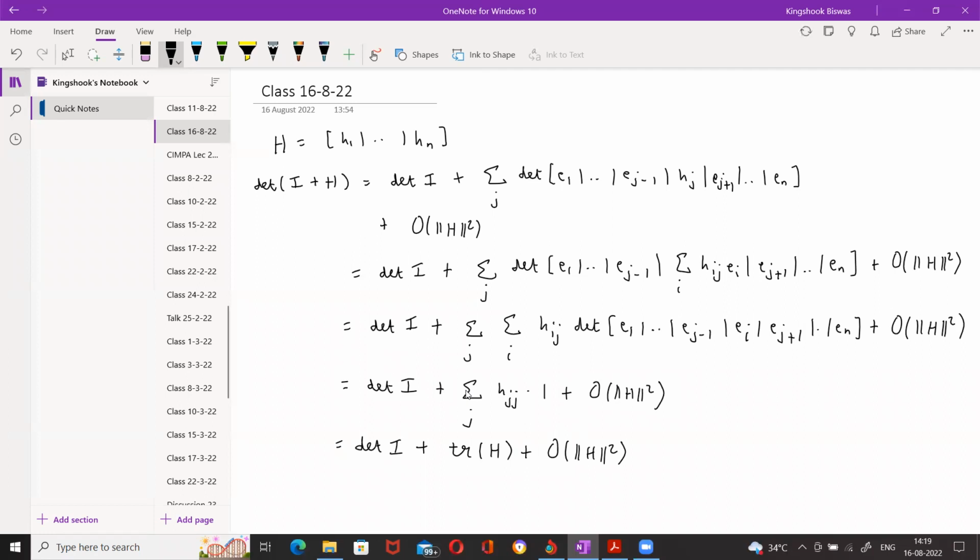Is this all right? So this trace H is linear in H. And this big O of norm H squared is my error term, E of H, in the definition of differentiability. And this is little o of norm H.